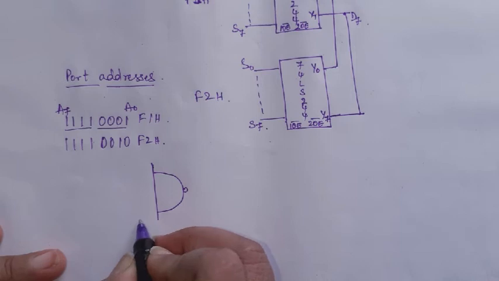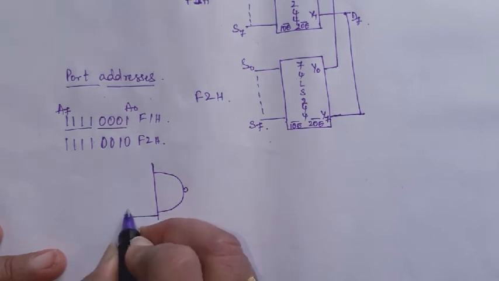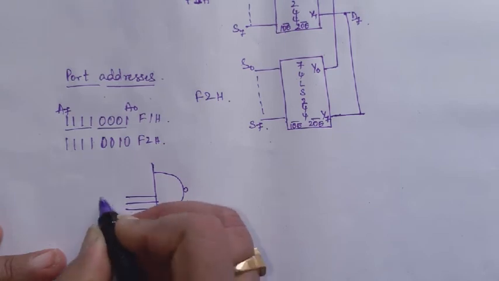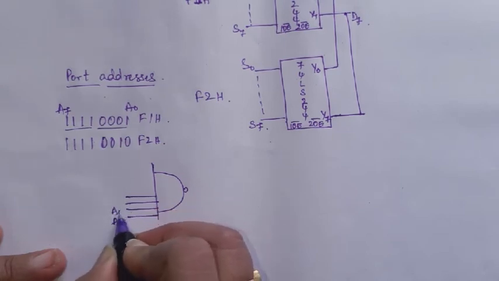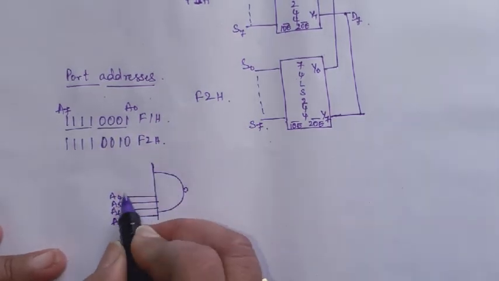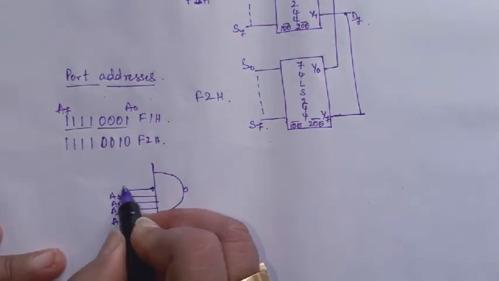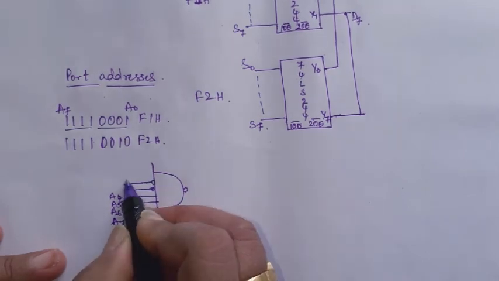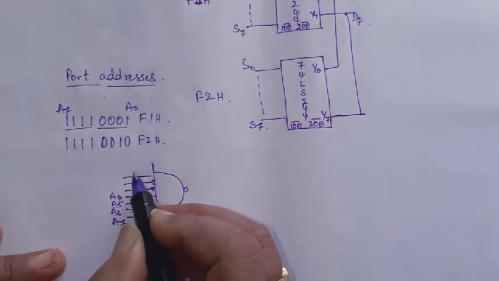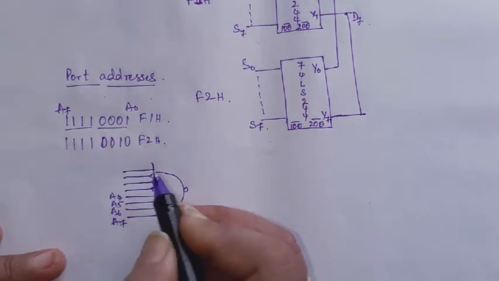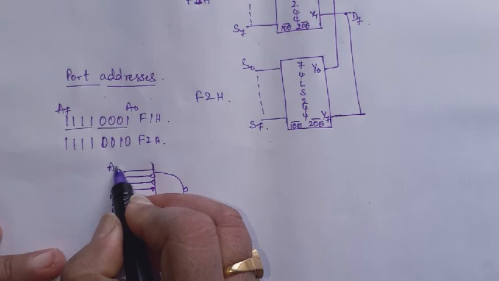You can connect the 4 upper bits as they are, A7, A6, A5, A4. A3 is 0, so with an inverter. A2 is 0, so inverter. A1 is 0 with an inverter, and A0 is 1, so you can connect it directly.